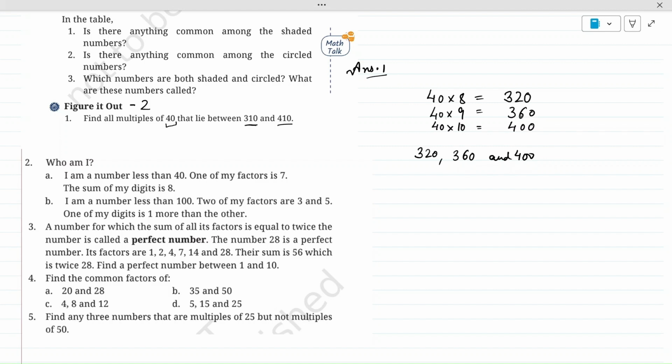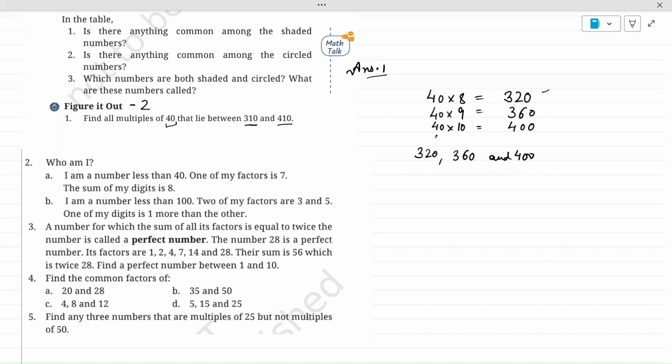I'm sure you have understood how we have taken them out, but I'm telling you again what we have to do. We have to take the table of 40 till the number which is greater than 310. In the table of 40, the first number greater than 310 is 320, which comes when we multiply 40 with 8. The next number is 360 and the next multiple is 400.